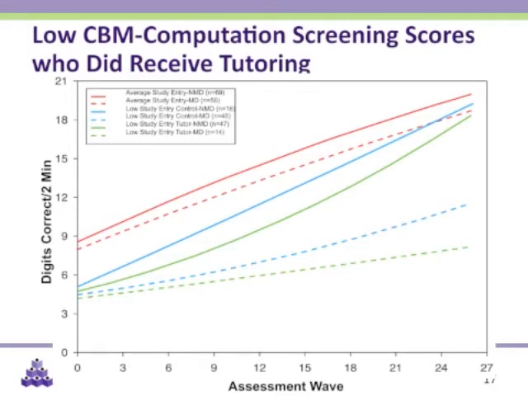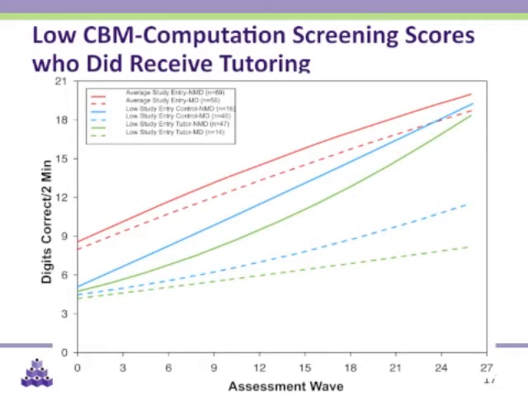These are the green lines for the at-risk students who began the study low. All those students failed the screen, all the green and all the blue. But these students in green, they actually received tutoring. And what we see is a nice, strong, solid green line, which indicates good development.